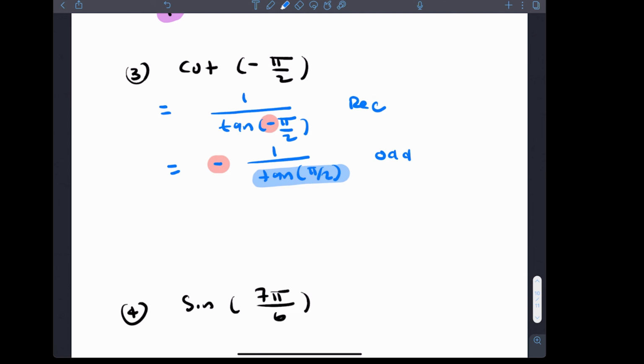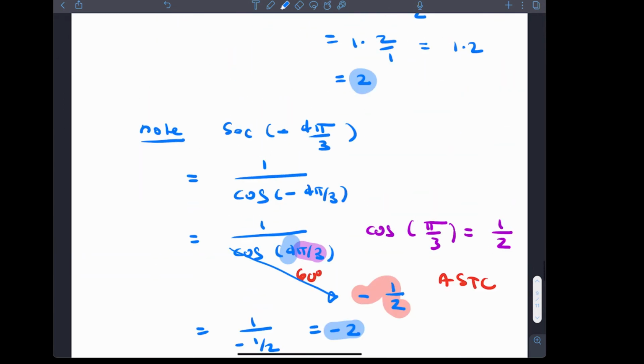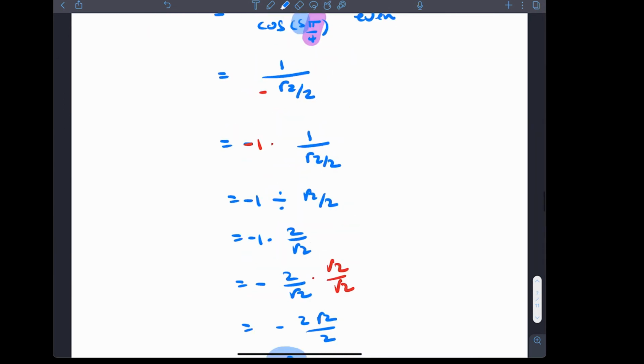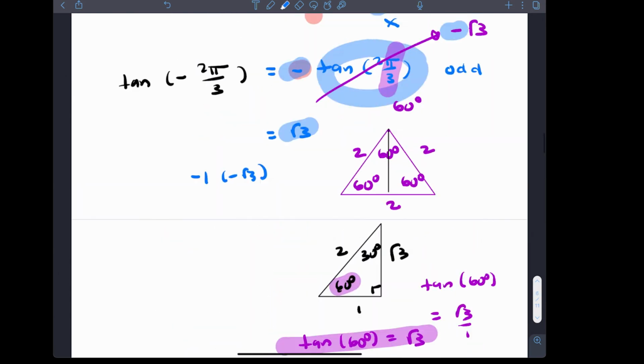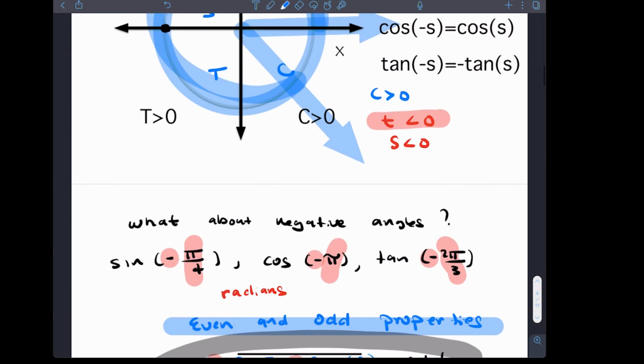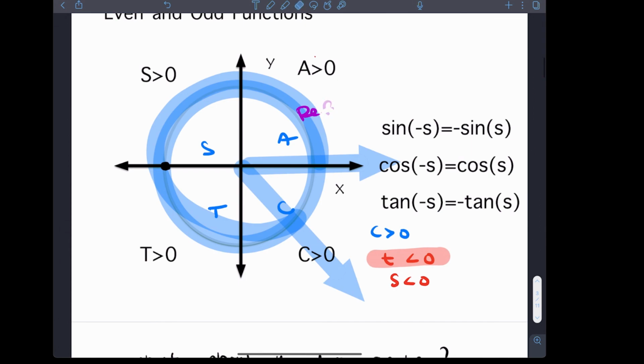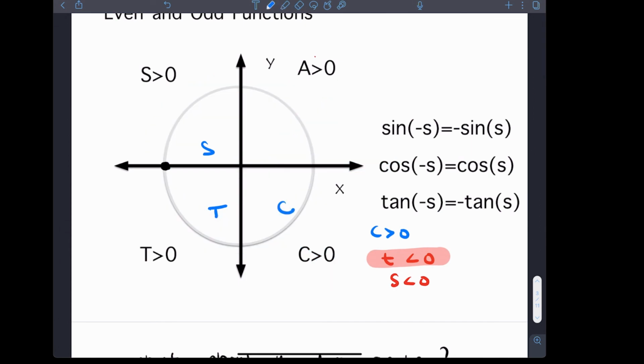Uh-oh. Anybody know what that is? It's tangent of pi over 2. Do you guys know where pi over 2 is? Yes. Isn't that 90 degrees?